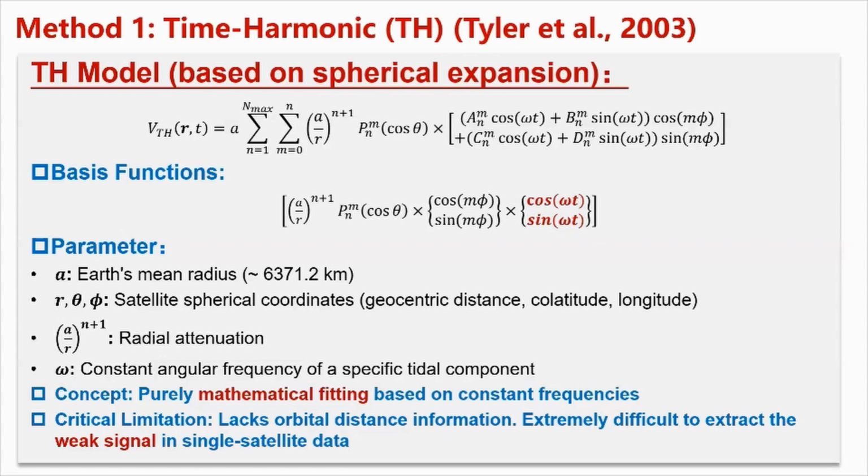I want to draw your attention to the basis function highlighted in red, cosine omega t, where omega is the frequency of the tidal signals. The limitation is that it is based on pure mathematics, a spherical expansion, and ignores the physical information of the orbit of the moon, so maybe it is difficult to extract weak signals.